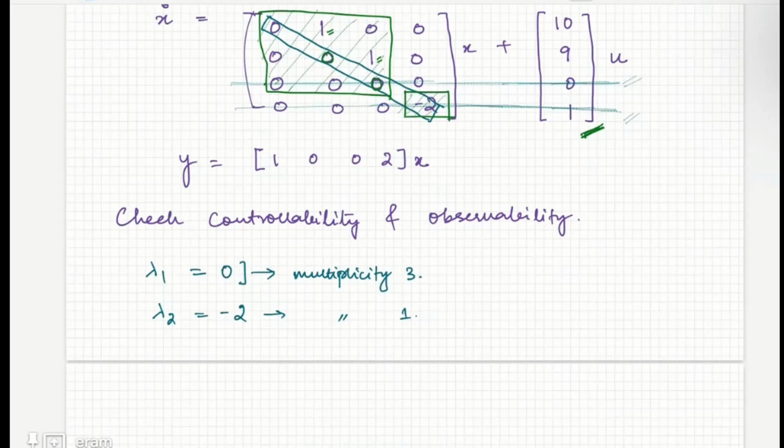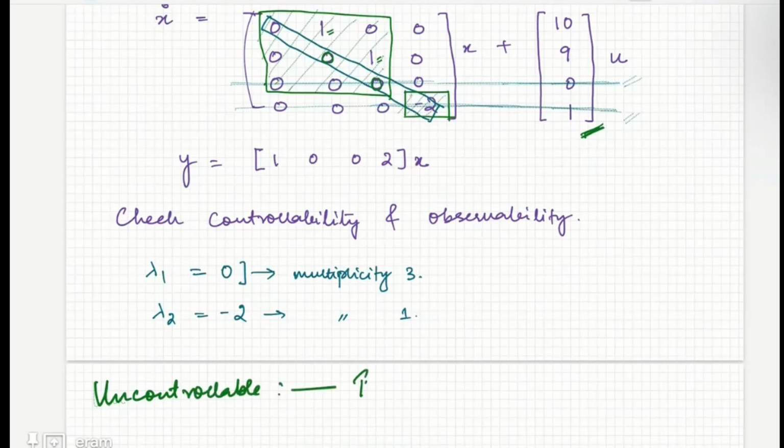We are only interested in the last entry of the B matrix corresponding to each Jordan block. The last entry of matrix B corresponding to the first Jordan block is 0. That means the system is uncontrollable.